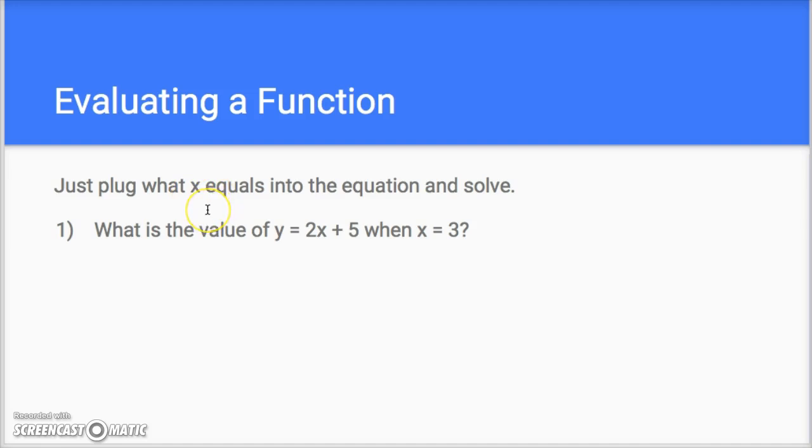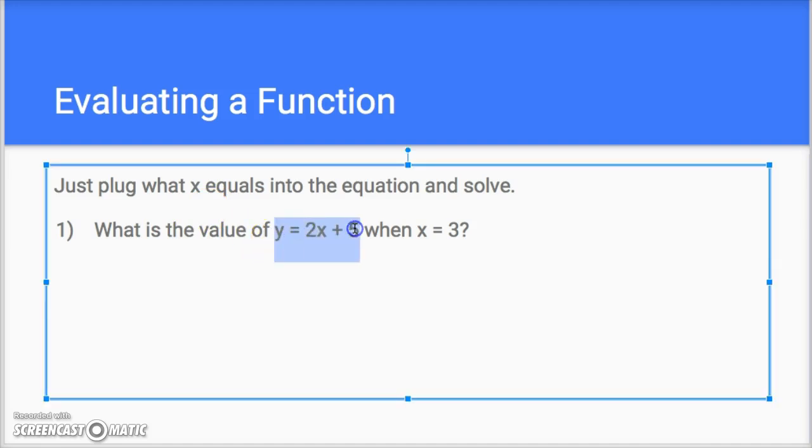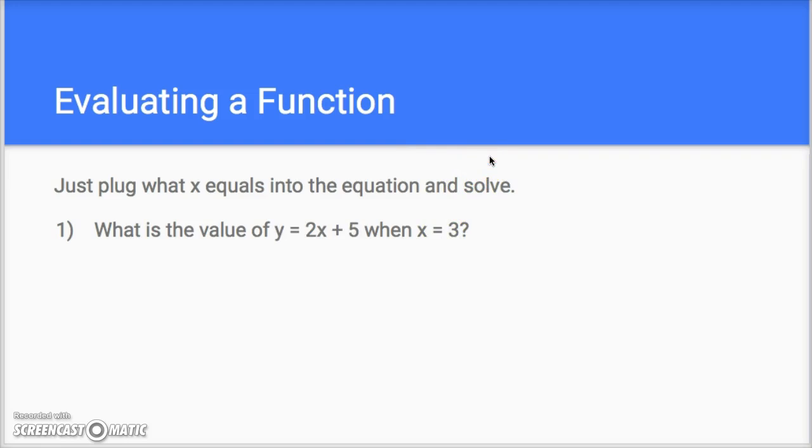So on this example, it says, what is the value of y equals 2x plus 5? So this is our equation. This is our function rule. So what's the value of y when x equals 3. So they have flat out told us if x is 3, then what would you get as your answer?